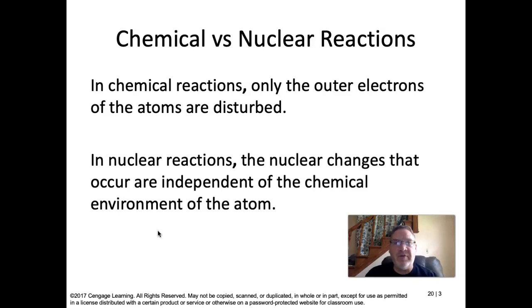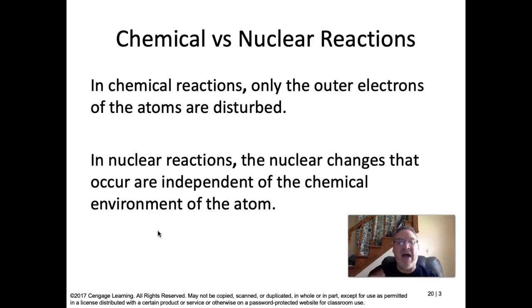So the first part of the chapter, we're going to focus on the reactions. In a chemical reaction, as we know, we always focus on balancing the atoms. They talk about the valence electrons being disturbed. In a nuclear reaction now, we've got to focus on both the number of protons and the number of neutrons and make sure those are balanced.